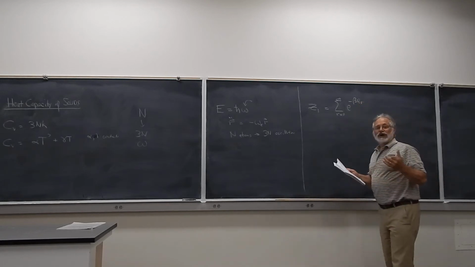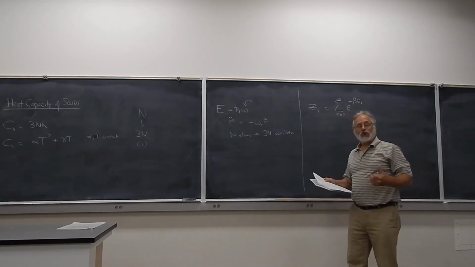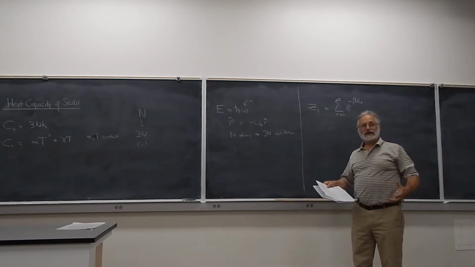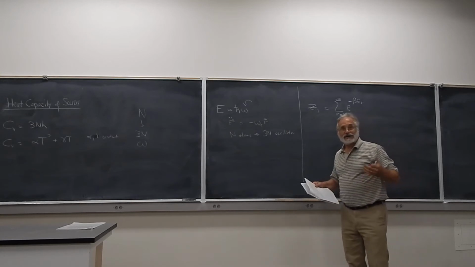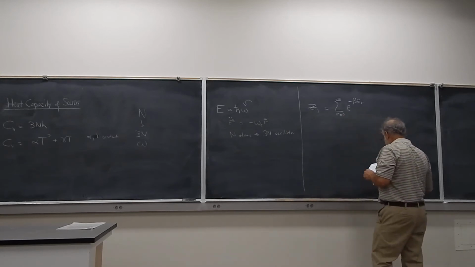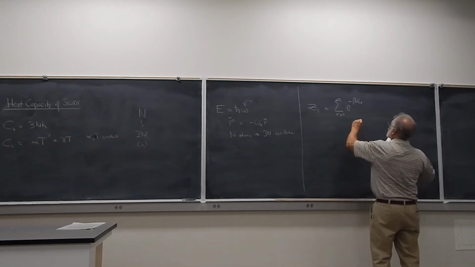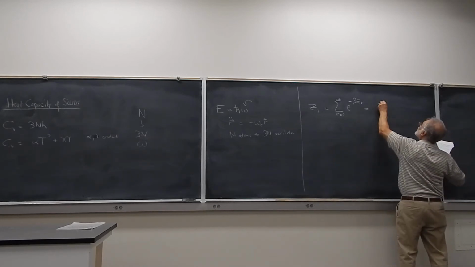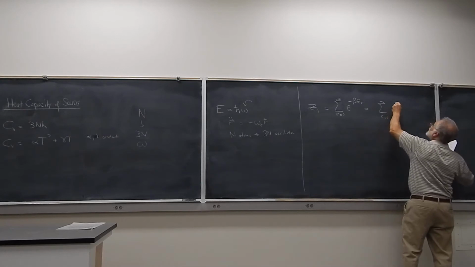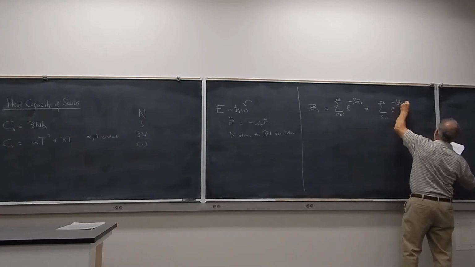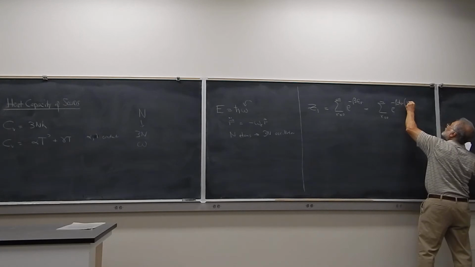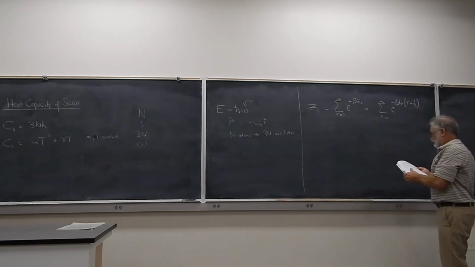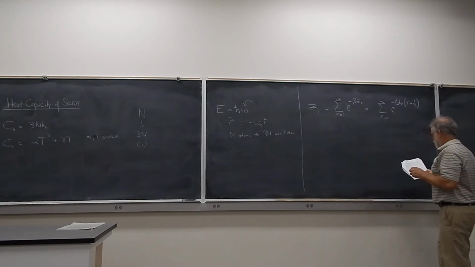The idea is that we're going to use one atom or one oscillator as the system and the remainder of the solid as the reservoir. That allows us to use the canonical distribution. So I can write this as the sum over r equals 0 to infinity of e to the minus beta h bar omega times r plus 1/2, the energy of a harmonic oscillator.